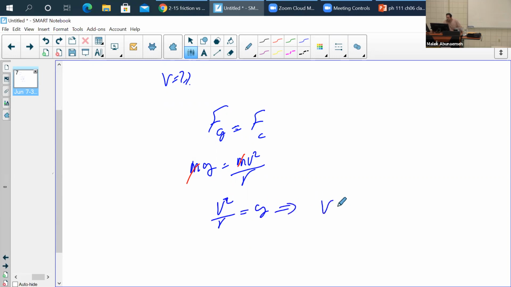That means your speed is going to equal the square root of rg, which is the square root of 12 times 9.8. So that's the square root of 120 on one side. It should be around 10.8 meters per second.